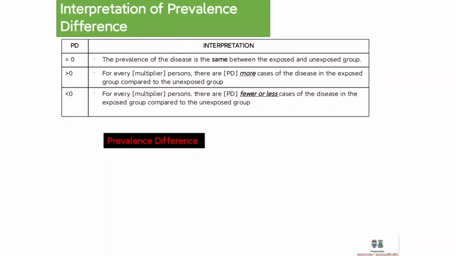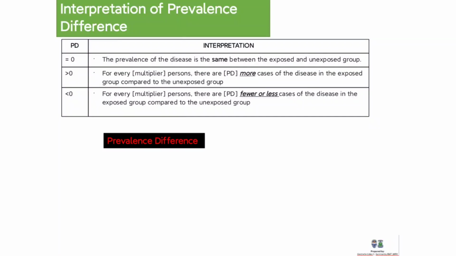In other references, they retain the negative value. However, magbabago yung interpretation mo. So, for the interpretation's sake, since ganito yung interpretation natin for the prevalence difference, ko-convert mo lang into a positive value yung computed mo negative value if your answer is negative dito sa less than 0.